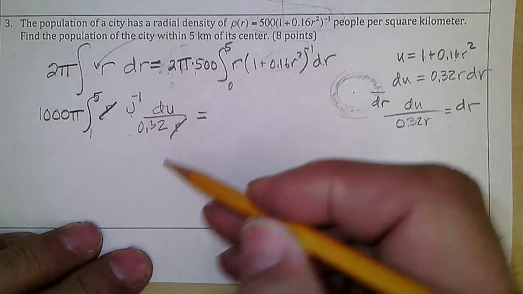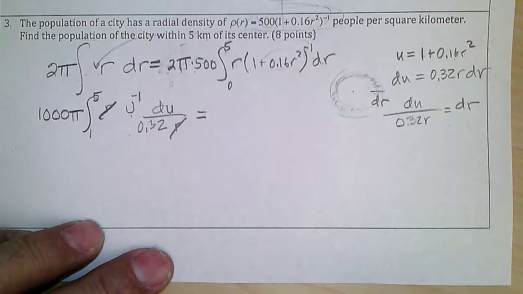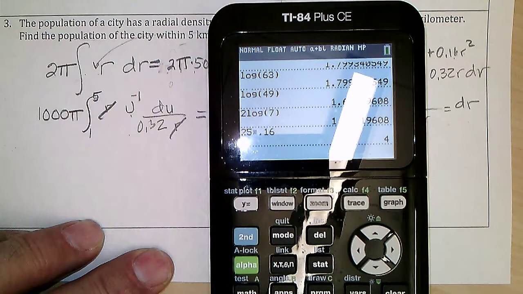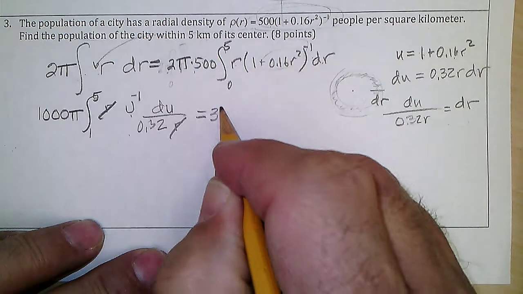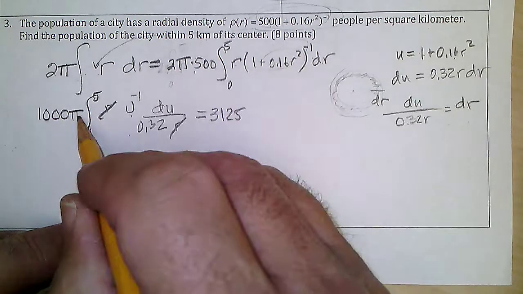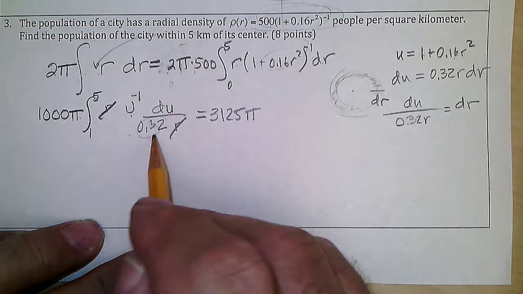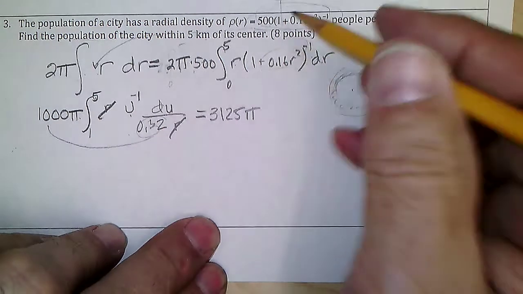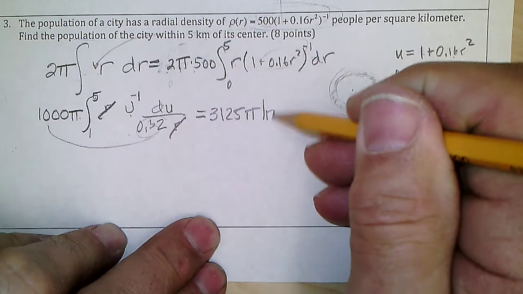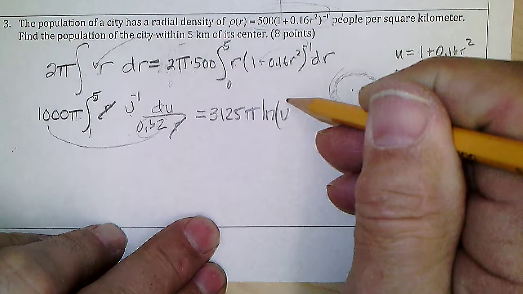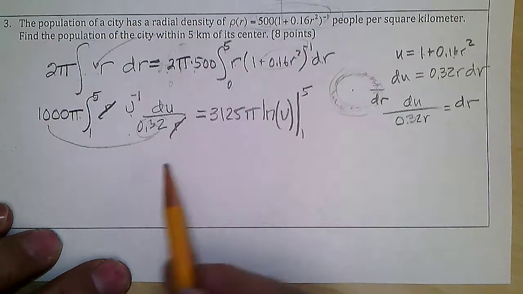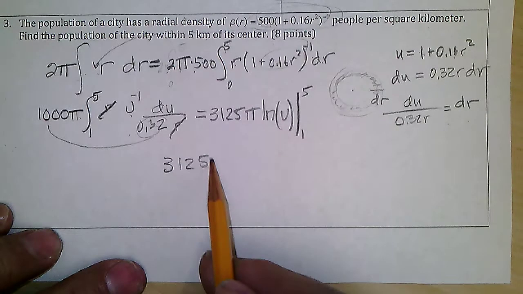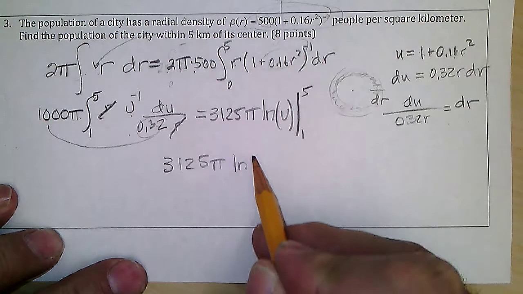That integrated becomes ln, so we've got 1,000 divided by 0.32, which is 3125 pi. So I took this out and put it into that. And ln of u evaluated from 1 to 5. So this becomes 3125 pi ln 5.